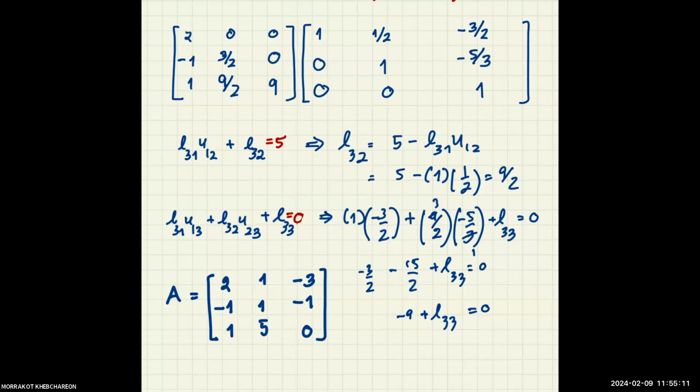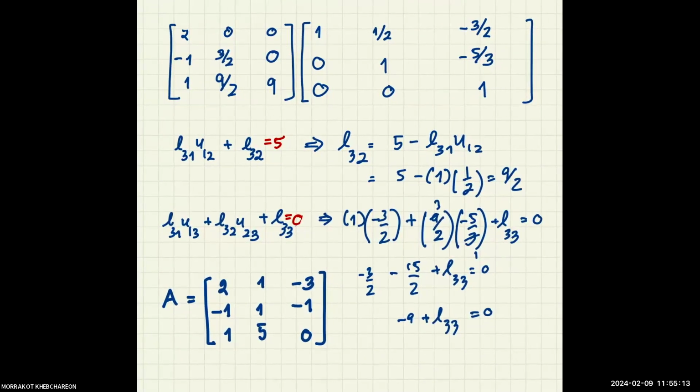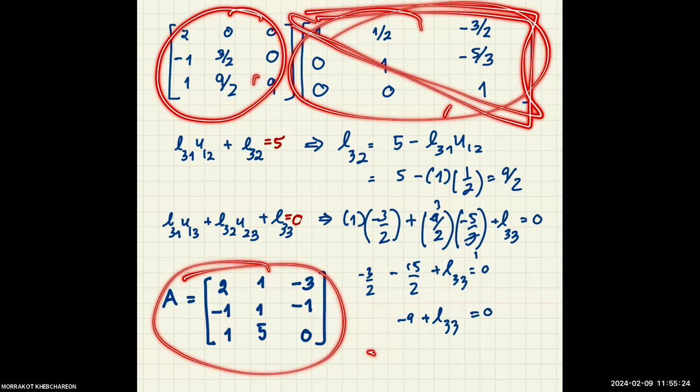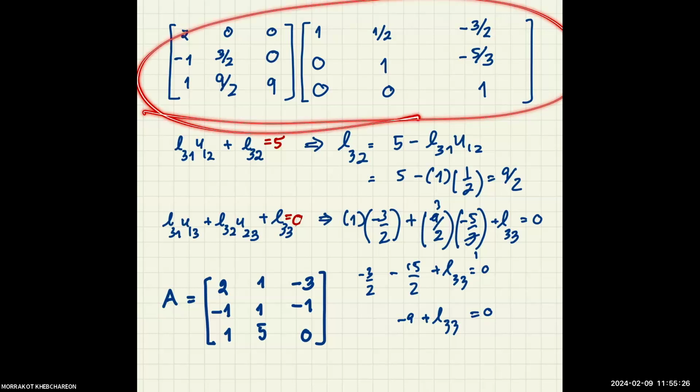So matrix A, if you split or factor it into two, L and U, where U is the unit upper triangular matrix, you get this one.